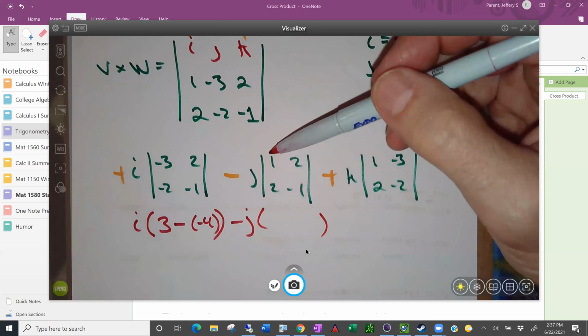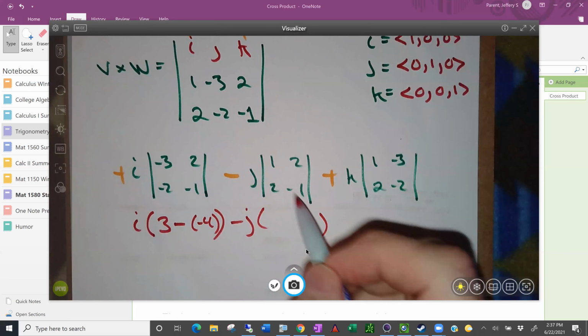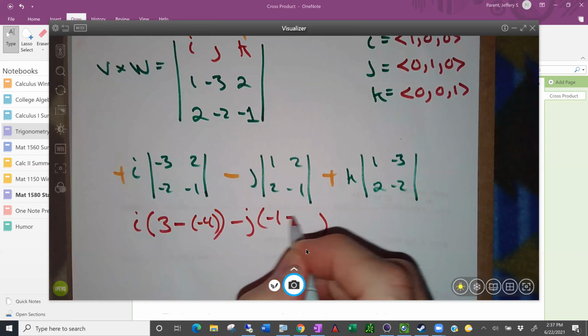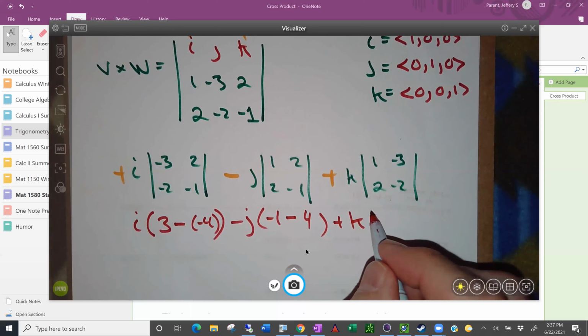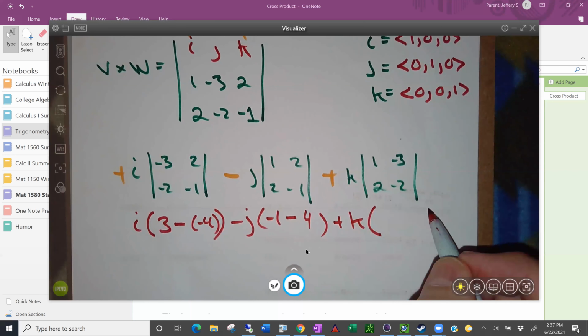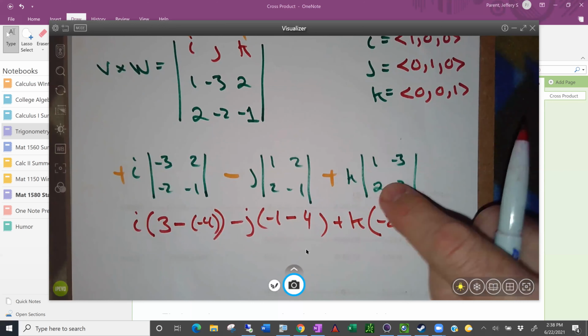Again, for your determinants, it's the product going down. 1 times negative 1 is negative 1, minus the product going up. And last but not least, there's k times the product going down, which is negative 2, minus. And again, write that minus before you work on the product going up.